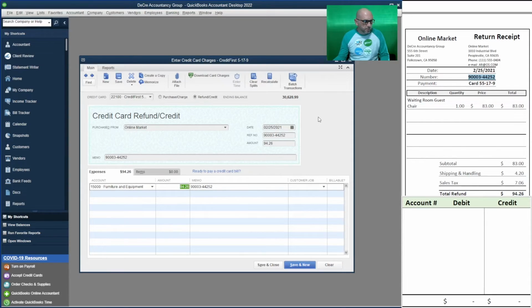Let's again take a look at debits and credits. What's being debited? What's being credited? Well, we realized that we don't need this one extra chair we got. We need to return it. Once we return it, the merchant will refund our credit card company and we will no longer owe that money to the credit card company.